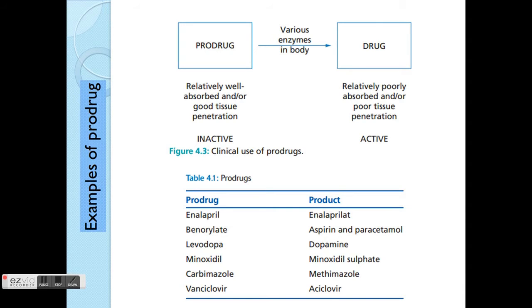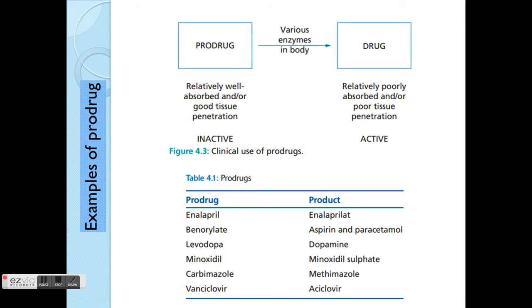When it's absorbed, it can be transported along with the plasma to the site where it should act, like certain organs or certain cell types, where it can be activated by the enzymes at that particular place to become an active drug. Eventually you learn all of them before you graduate.